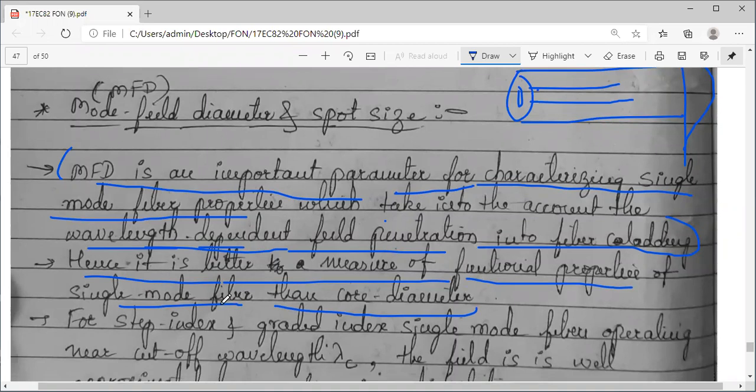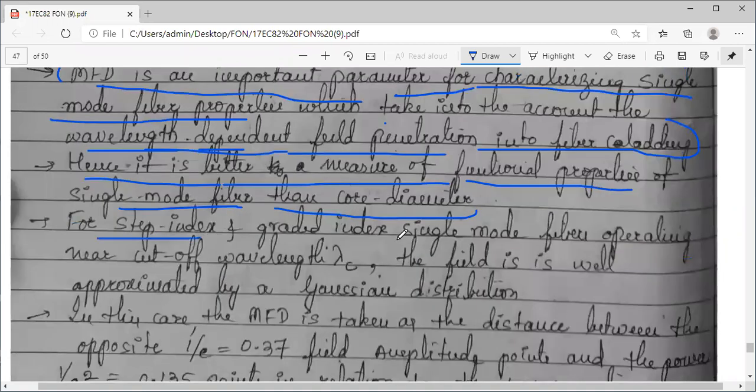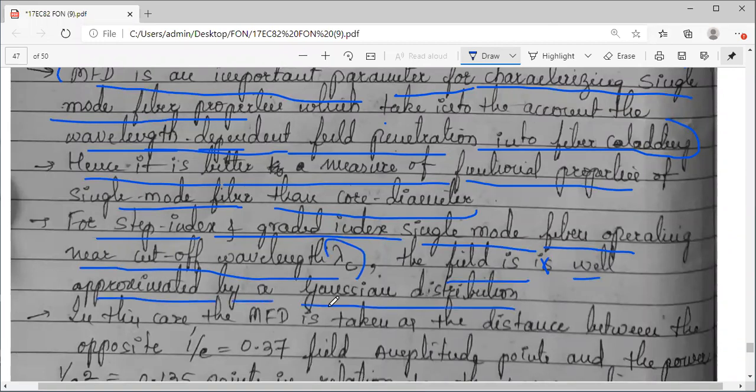Fine. So for step index and graded index single mode fibers, again I'm talking about single mode operation, one ray is considered. Operating near the cutoff wavelength lambda c, the field is very well approximated by a Gaussian distribution.